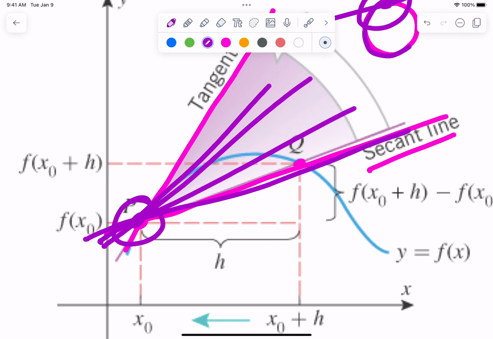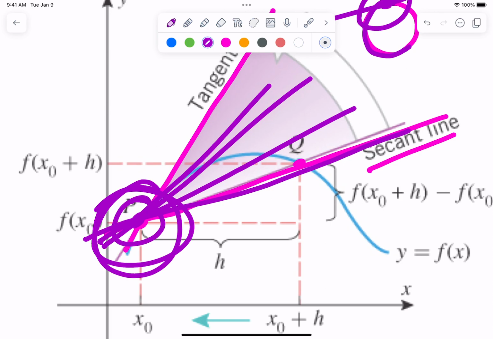Or we would plug in 3.01, 3.001, 3.0001. We're trying to squeeze in on either side to get to that point without touching it. That's what the secant line does for us. The secant line is used to approximate the tangent line, and the tangent line is instantaneously at this point, how fast am I going?